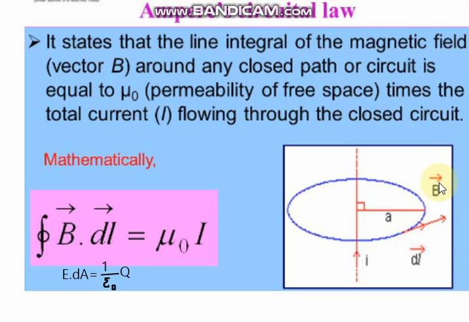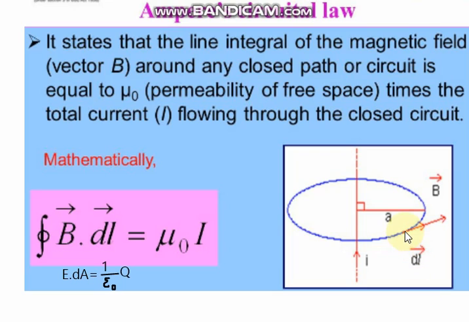So both B and dl are in the same direction, and B dot dl will be equal to B dl cos 0. So at any point on this circular loop, which is the Amperian loop, B and dl will be parallel.